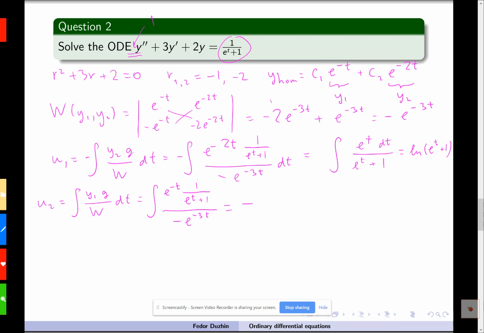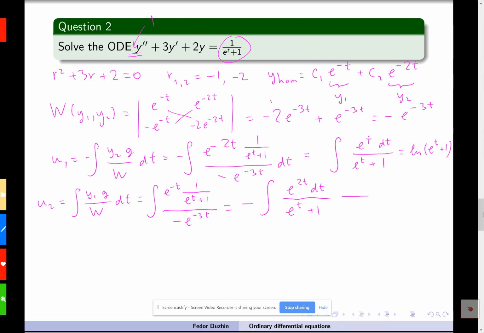Now this is minus the integral of e to the minus t divided by e to the minus 3t. So this is going to be e to the minus t plus 3t, so this is e to the 2t dt divided by e to the t plus 1.